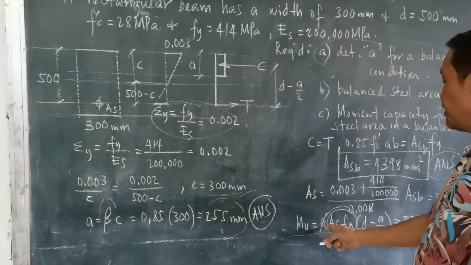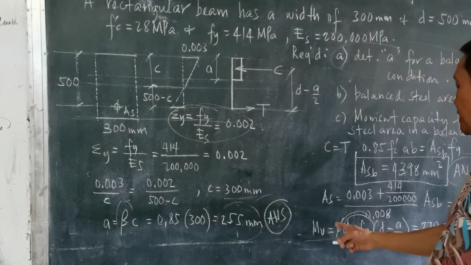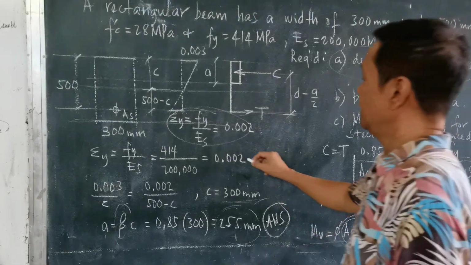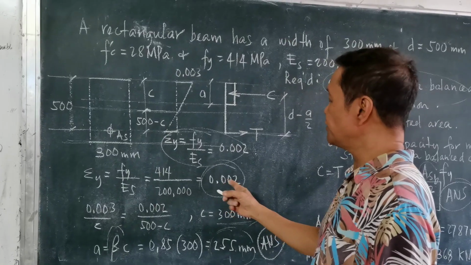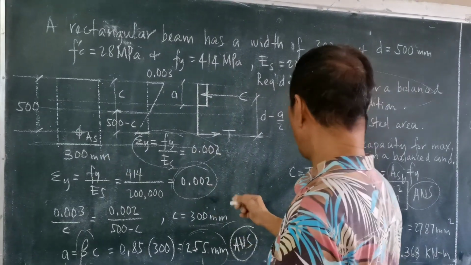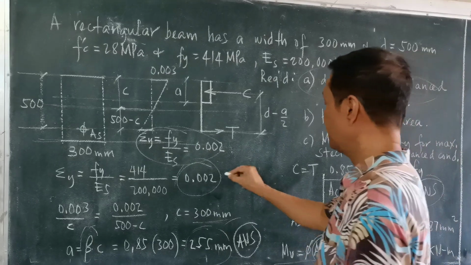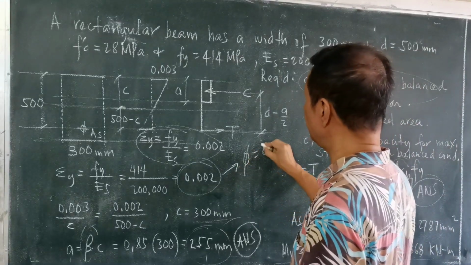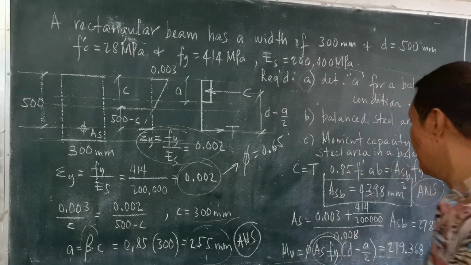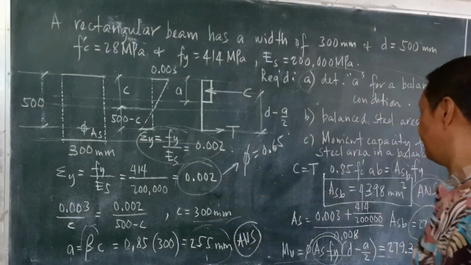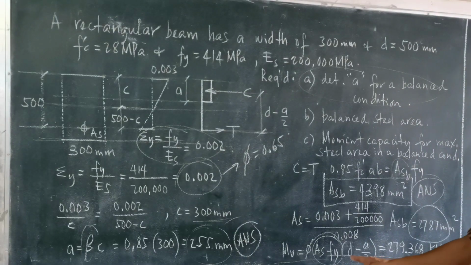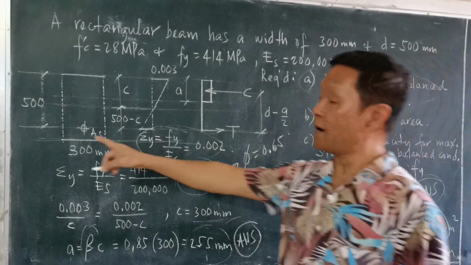So what is the value of phi? Phi can be determined by knowing the value of the strain. Because the strain is 0.002, therefore the phi that we will use here is immediately 0.65. Our As here is the one computed, the As at balanced condition. Fy is already given as 414. The effective depth is 500.